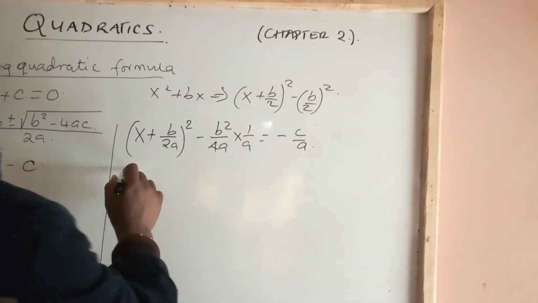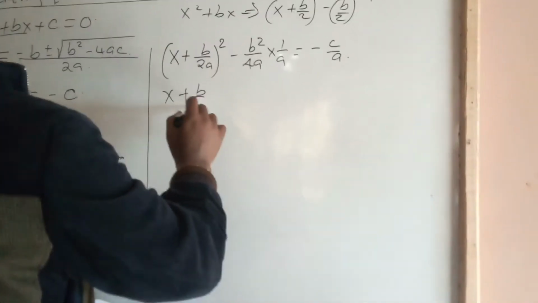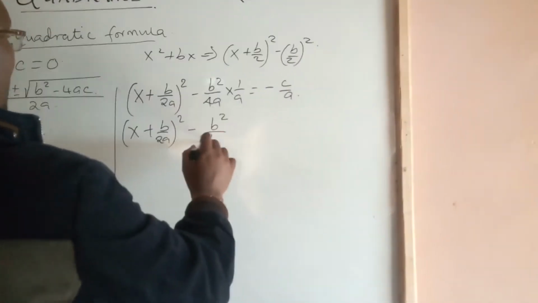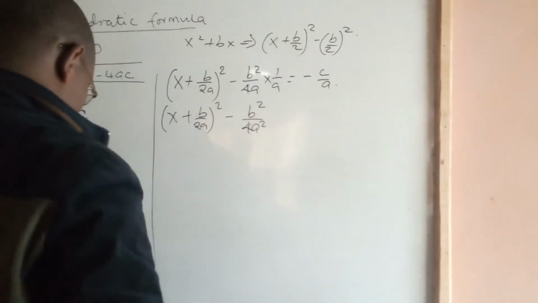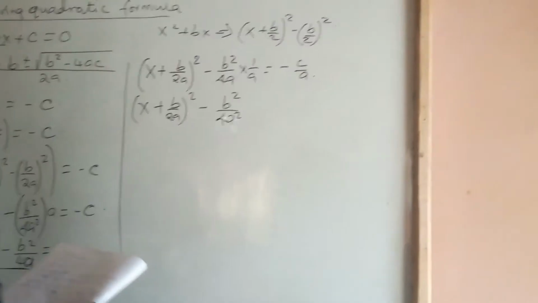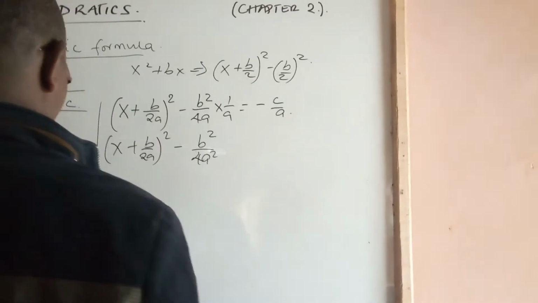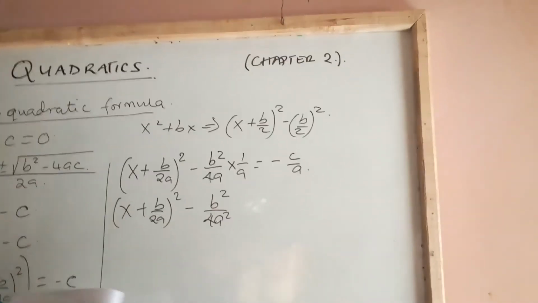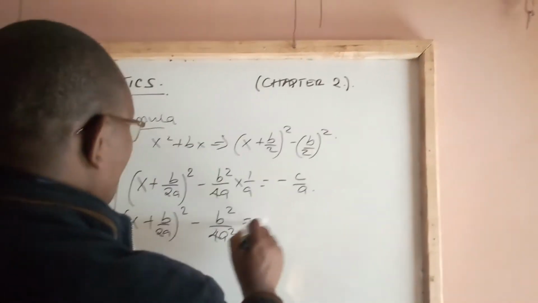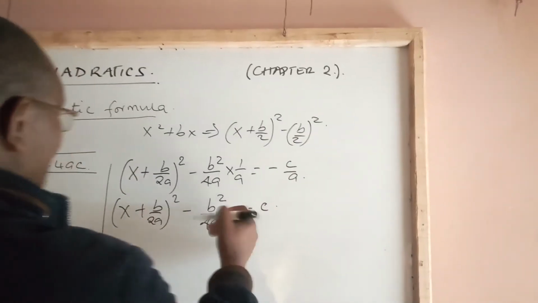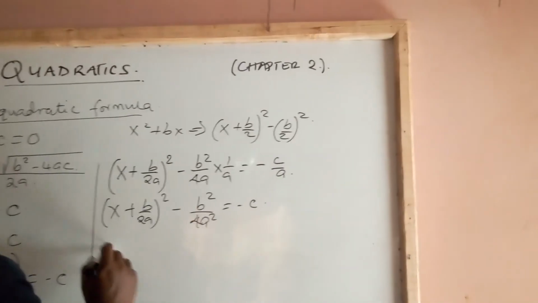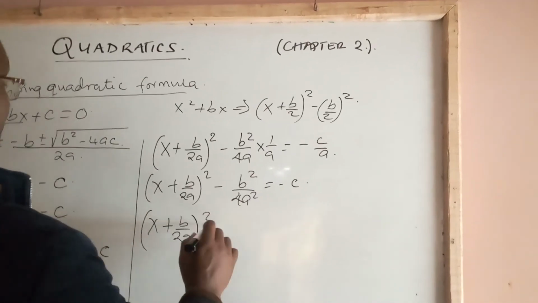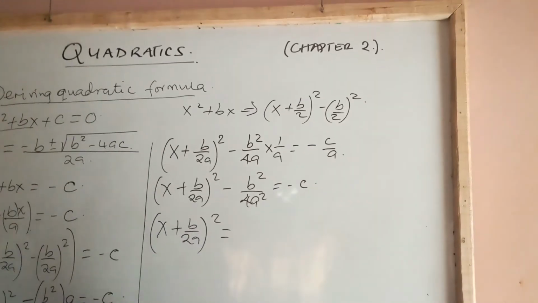At this point, we have x plus b over 2a squared minus b squared over 4a squared, which is still equal to minus c.